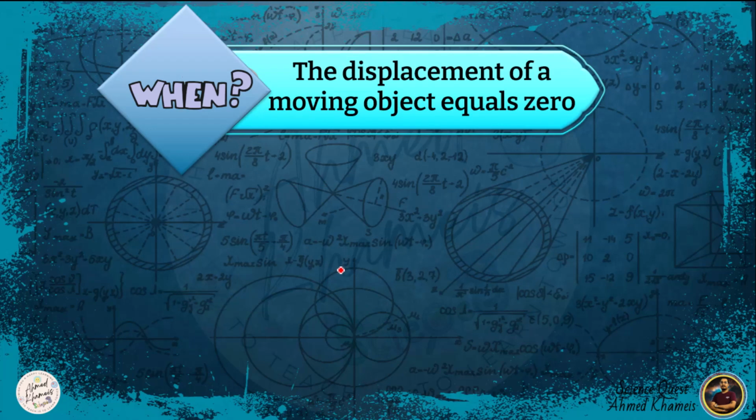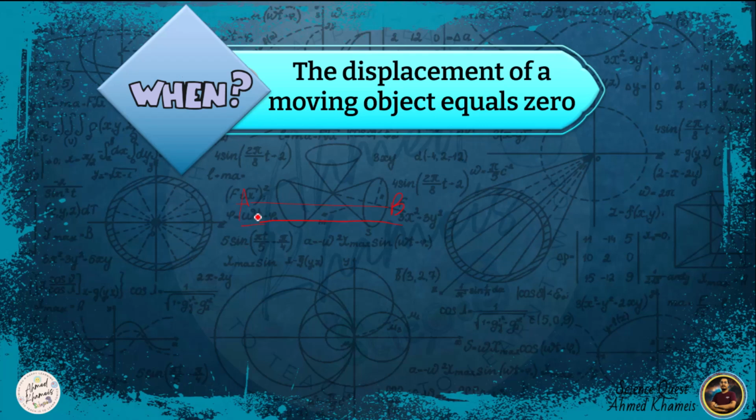When the displacement of a moving object equals 0, so if the body moves from A to B and then back from B to A, the distance will equal the length of AB plus the length of BA.